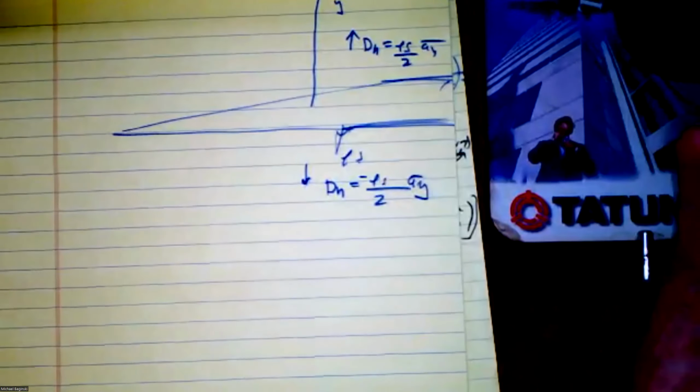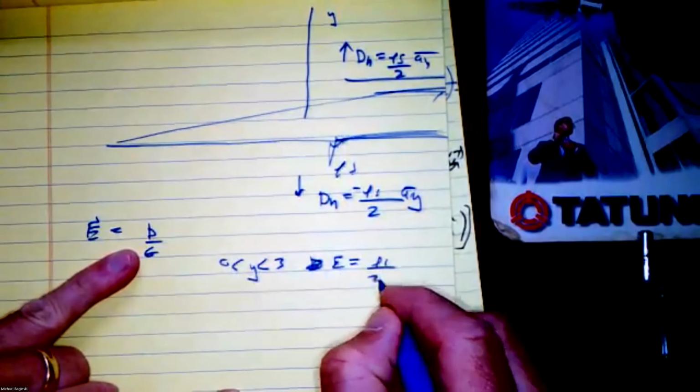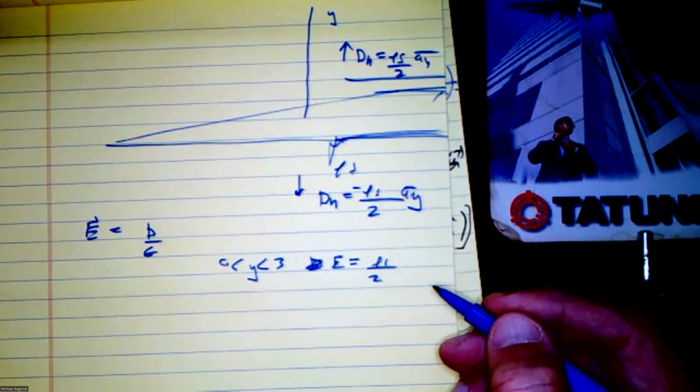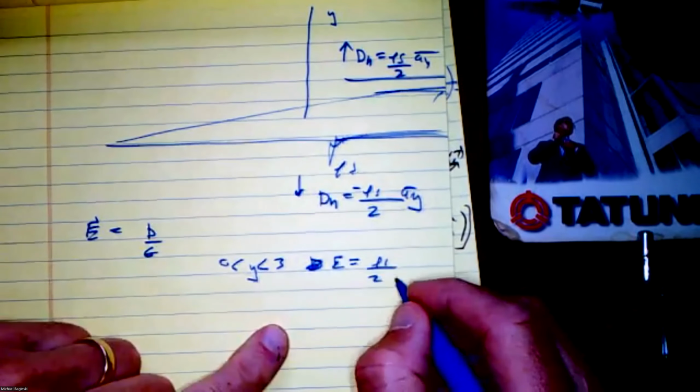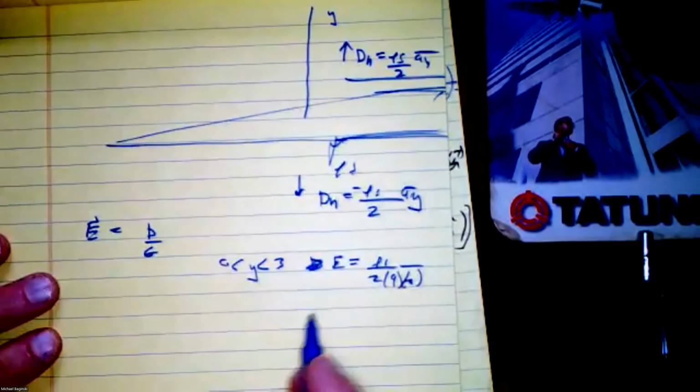The E field itself will be equal to the D field, which is going to be rho s over 2, and then you've got to divide by epsilon. What is the epsilon value? It's 9, right, from 0 to 3. So it's divided by 9 epsilon naught. I'll just finish this one.